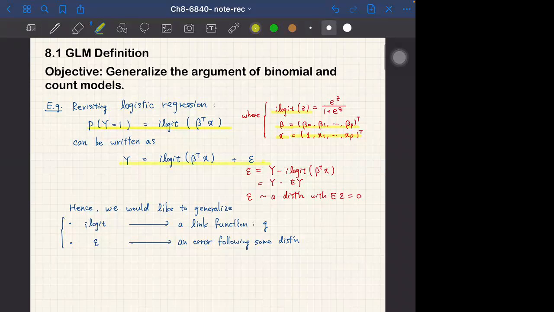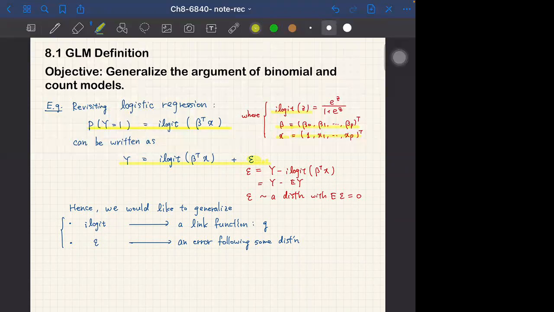The second equation has the same meaning as the first one, because if we think about the difference between y and the probability of y equal to 1, we can still use that as epsilon, and we can say y is the inverse logit of beta transposed x plus epsilon.